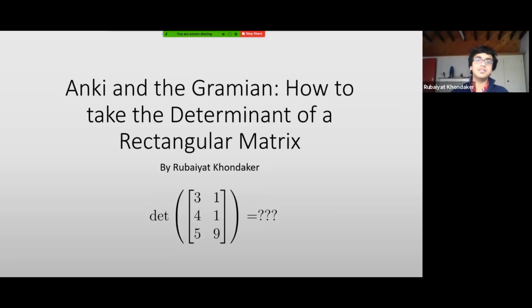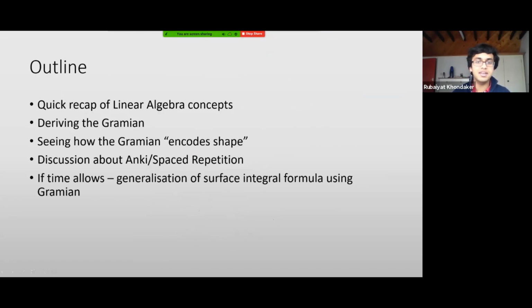Yeah, sure. Okay, so hello everyone, and today we're going to be figuring out how to take the determinant of a rectangular matrix. As an outline for the talk, I'm going to do a quick recap of linear algebra concepts, and then we're going to build on those to derive this object called the Gramian or Gramian Matrix.